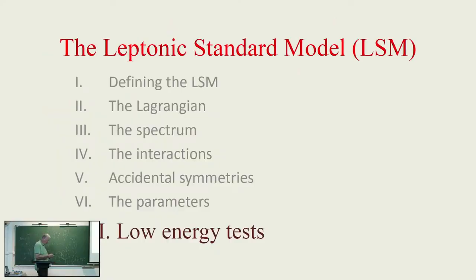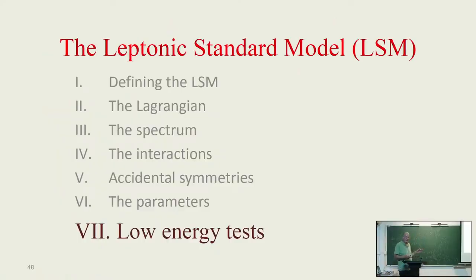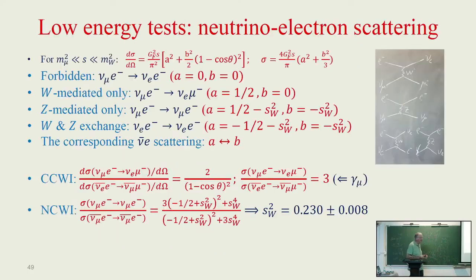I will not go into the low energy tests. The low energy tests are meant to say that even before our accelerators could directly produce W bosons and Z bosons, there were low energy tests, at energies well below the W and the Z, that could already test this model and tell us a lot about its parameters, allowing us to predict the masses and many other things.